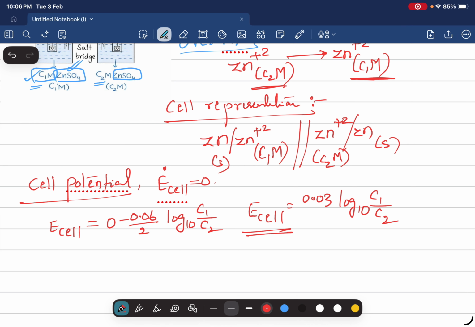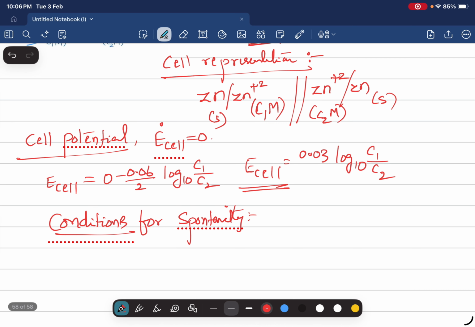To get E cell more positive, what is the condition for spontaneity? For spontaneity, delta G should be less than 0, E cell should be greater than 0, and C2 should be greater than C1.